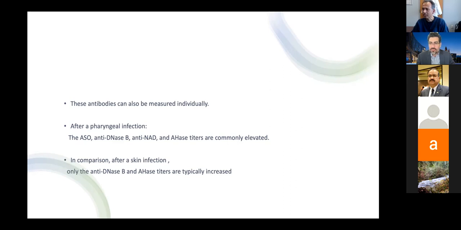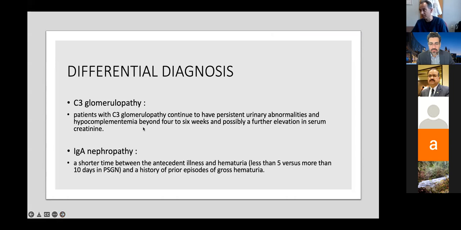Like C3 glomerulopathy. What are the common things with post-streptococcus? C3 glomerulopathy, which is dense deposit disease or C3 glomerulonephritis, can also present after infection sometimes. You will also see proteinuria, hematuria, and increased creatinine, and the complement is also low in that case.